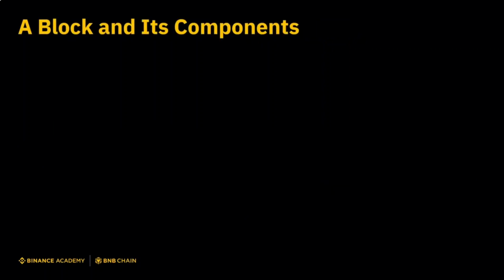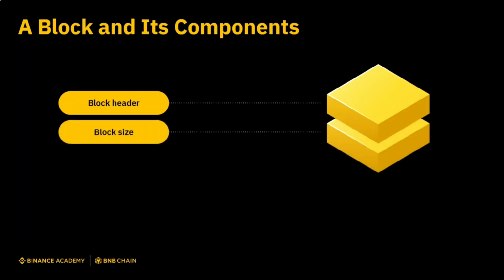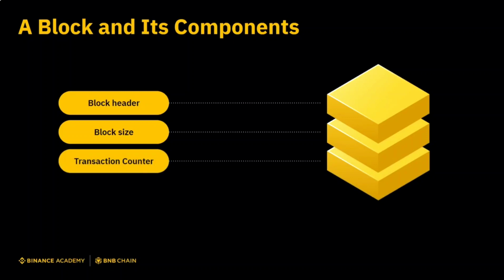To learn more about the block, we need to explore its components, starting with the block header, an essential element of the block. Next, we have a block size. It tells how much data a block can hold, like transactions or other information in the blockchain. Next in line, the transaction counter, a crucial component for tracking the total number of transactions stored within the block.